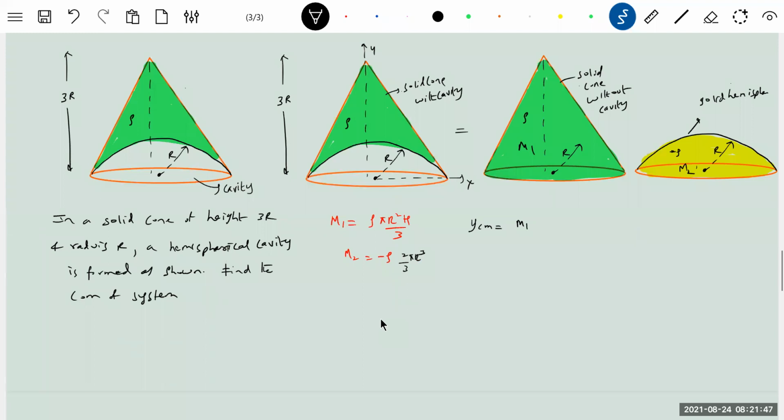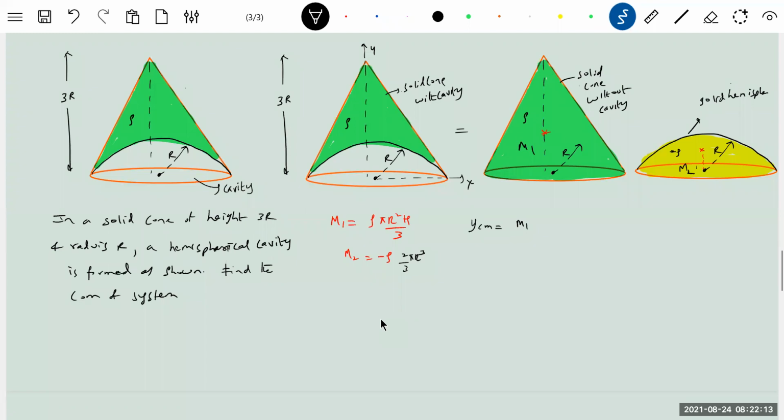Nobody will ask you to derive the center of mass of a cone. In application problems like this, if you don't know the center of mass of a solid hemisphere or solid cone, I don't think you can manage anything in the exam. It is h by 4 from the base, 3h by 4 from the apex. From the base it should be h by 4.